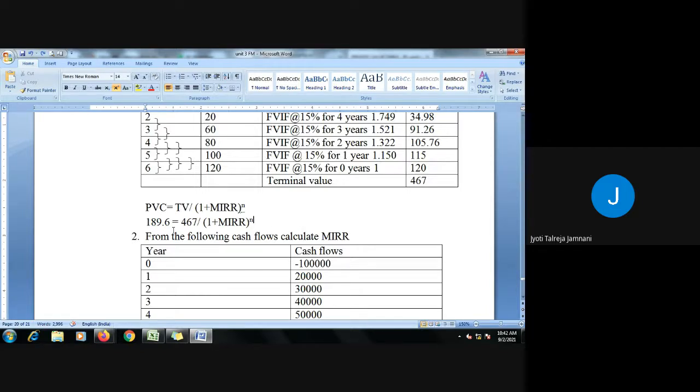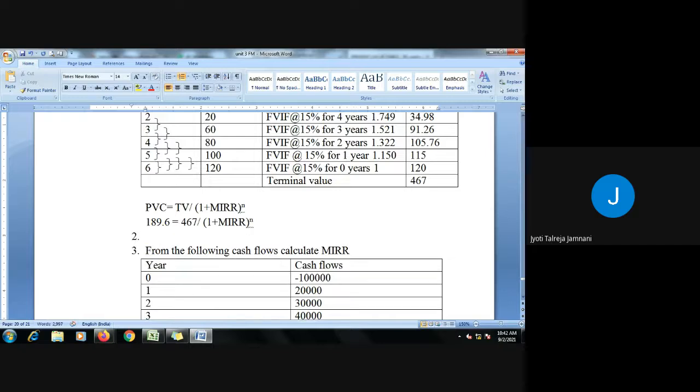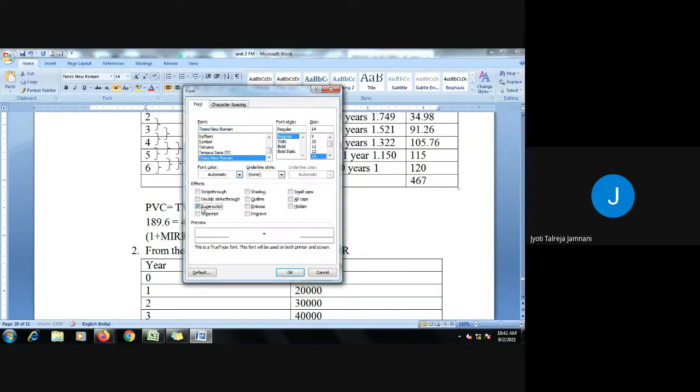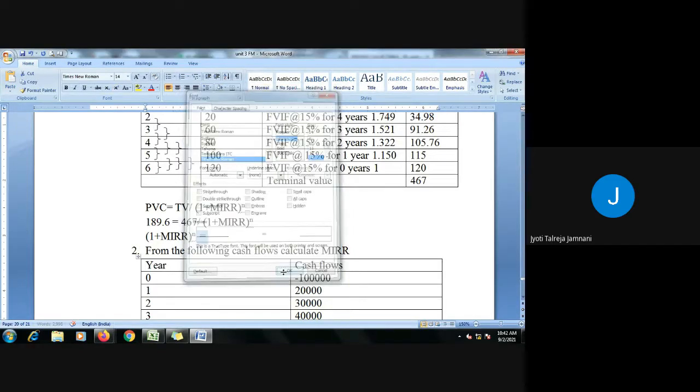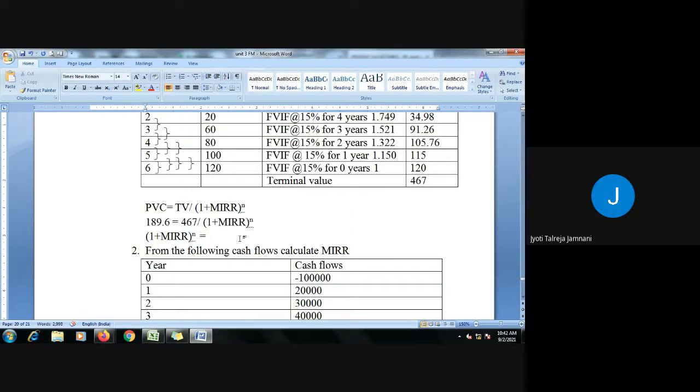Now we'll go to the next. Okay, so what I'll do is I'll get this 1 plus MIRR this side and take 189.6 that side. So cross multiplication, 1 plus MIRR raised to n is equal to 467 divided by 189.6.